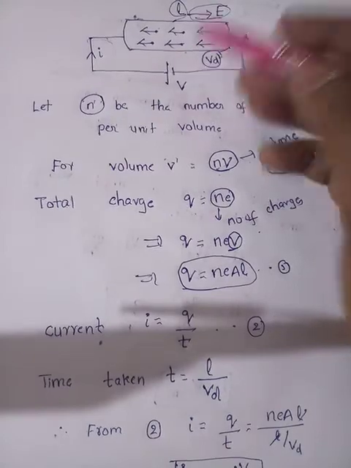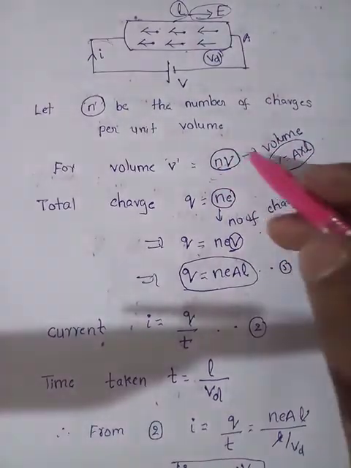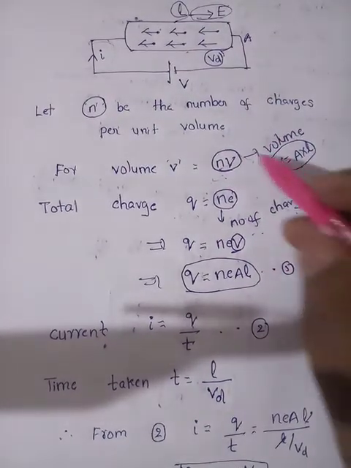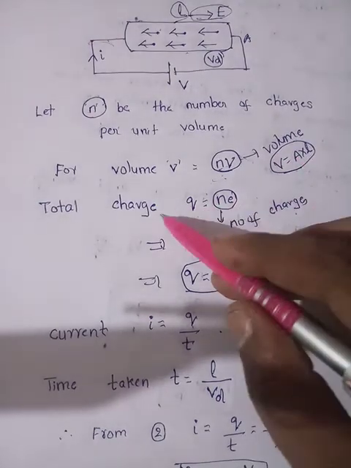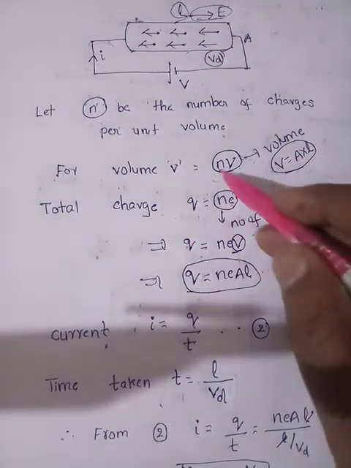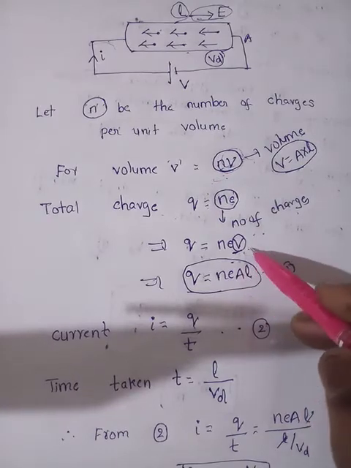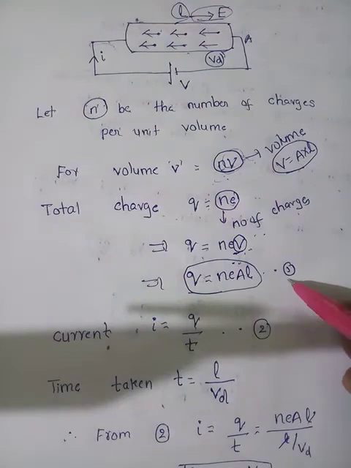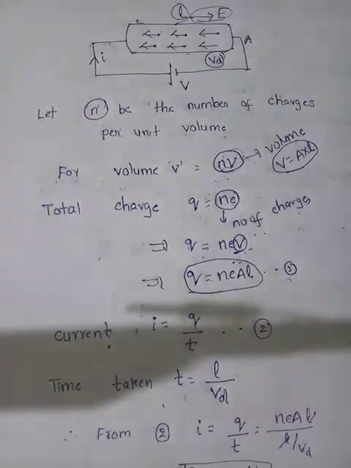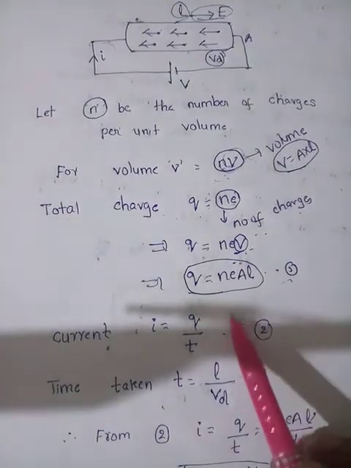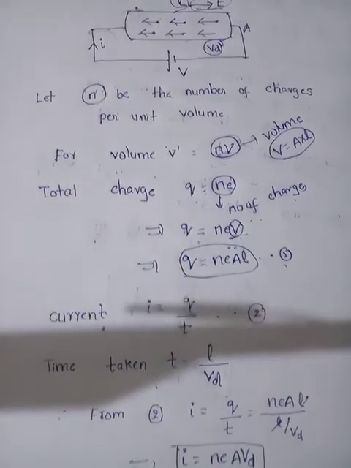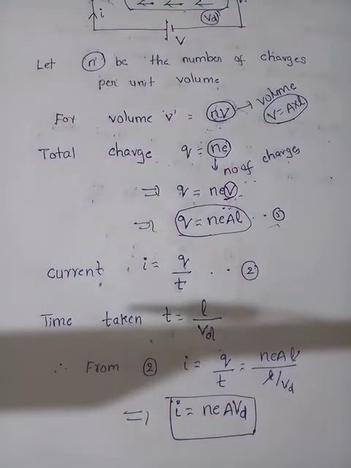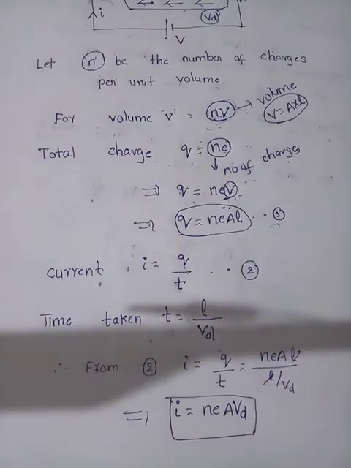So for total volume V, the charges are n into V. So total charge Q is equals to nеV. What is V? Volume, area into length. And the time taken for the charge to move from one end to another end is distance by velocity, that is L by Vd. So we got Q and t, substituting those values, we come to know that the current flowing through a conductor is directly proportional to drift velocity.